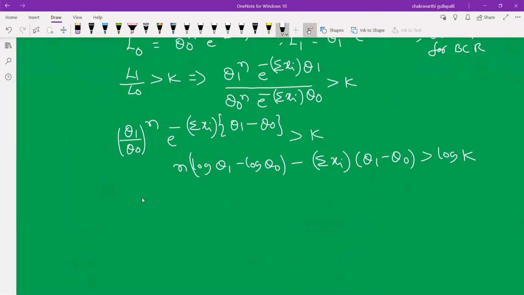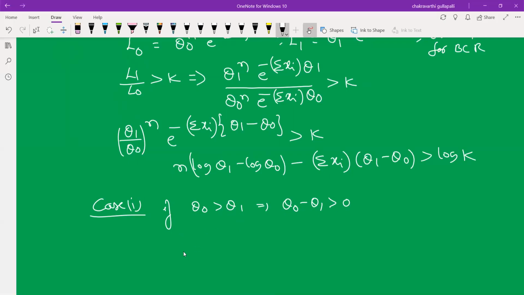Now, case 1: if theta naught is greater than theta 1, the difference is positive, which implies theta naught minus theta 1 is greater than 0.